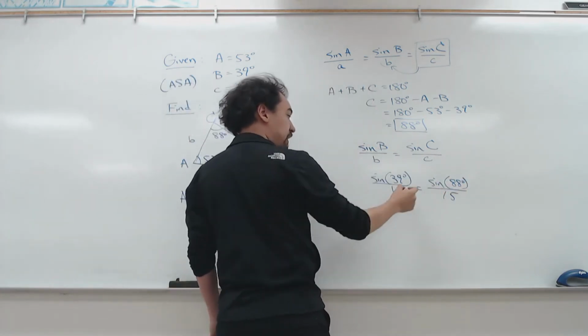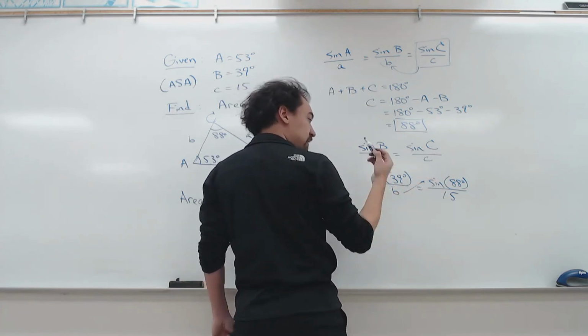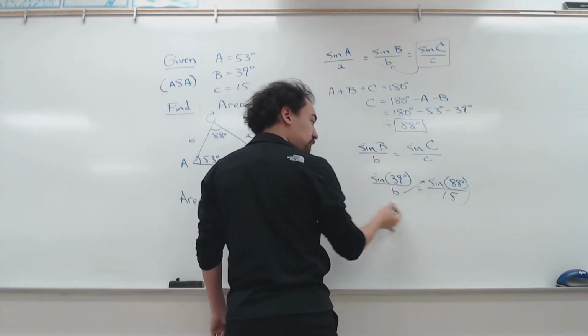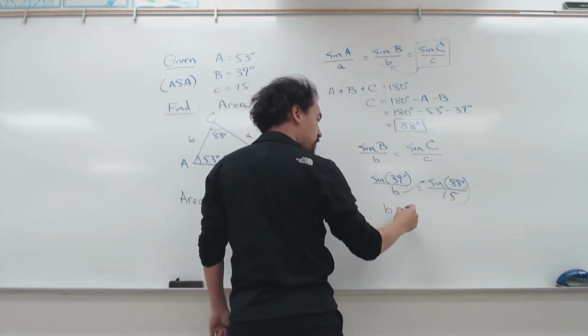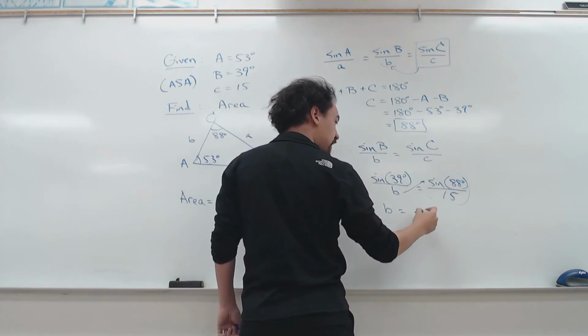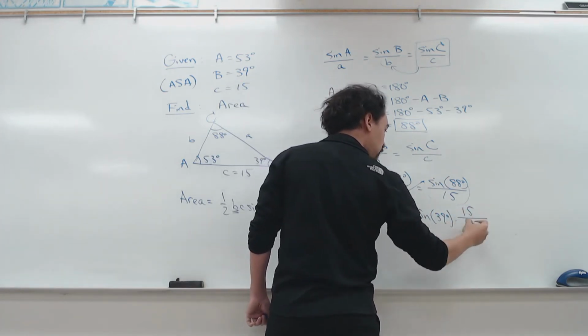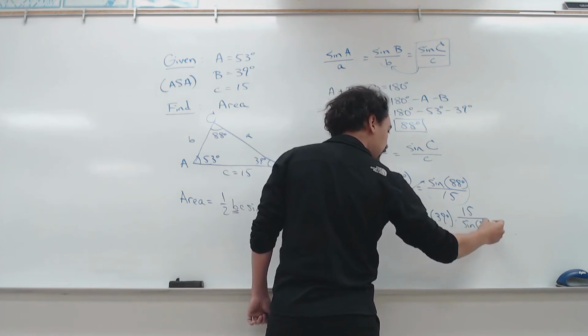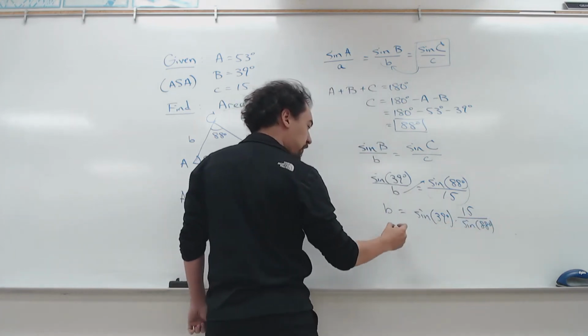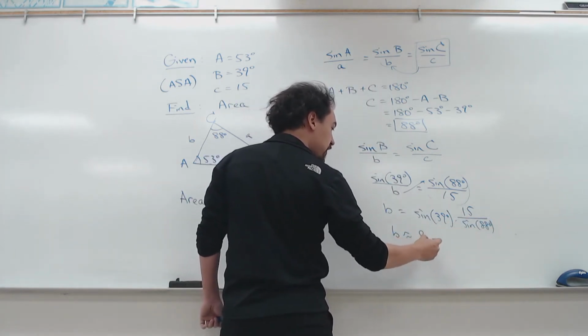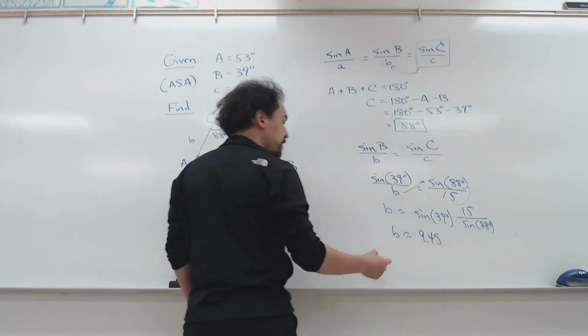To solve for b, I will simply multiply b to the other side to get it in the numerator, and then multiply the reciprocal of this to the other side. So b is equal to sine of 39 degrees multiplied by 15 over sine of 88 degrees. When we plug this into a calculator, we get b is approximately 9.45.